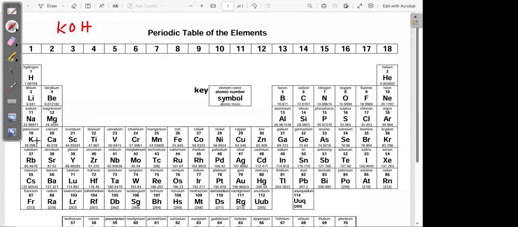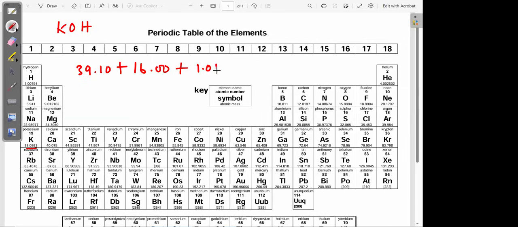I want the molar mass of potassium hydroxide like this, meaning I'm adding the mass of potassium here. We said we always round off these molar masses to 2 decimal places. So this one for potassium will be 39.10 if I round off 39.0983 to 2 decimal places. Plus the one for oxygen, it's well known, 16.00, plus the one for hydrogen, that's 1.01.